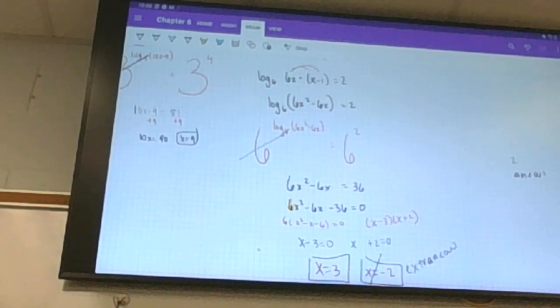When you plug -2 into the original, it breaks this rule. So -2 can't count, only 3 counts. You can't have a negative argument. Now I'm done.